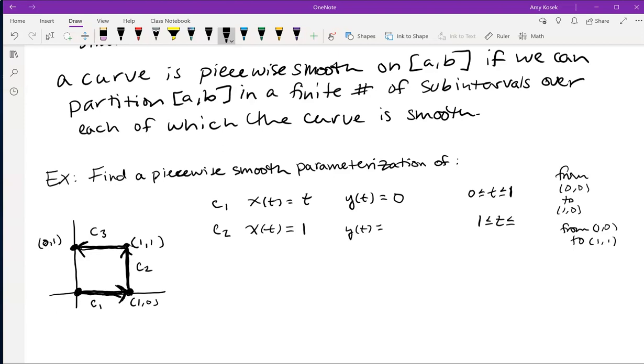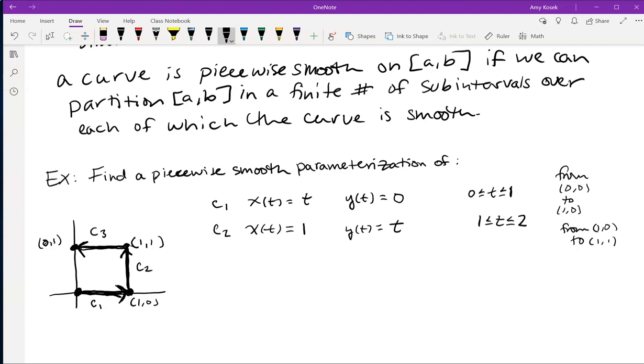So we could think about, well, it only needs to go 1 unit long, so maybe we'll let t go from 1 to 2. Notice, I can't let y of t just equal t, because then it would go from 1 to 2, rather than from 0 to 1. But essentially we just need that to shift.